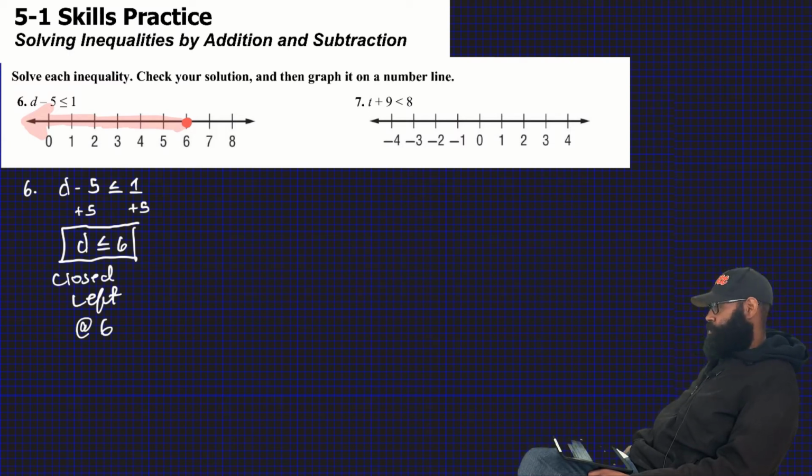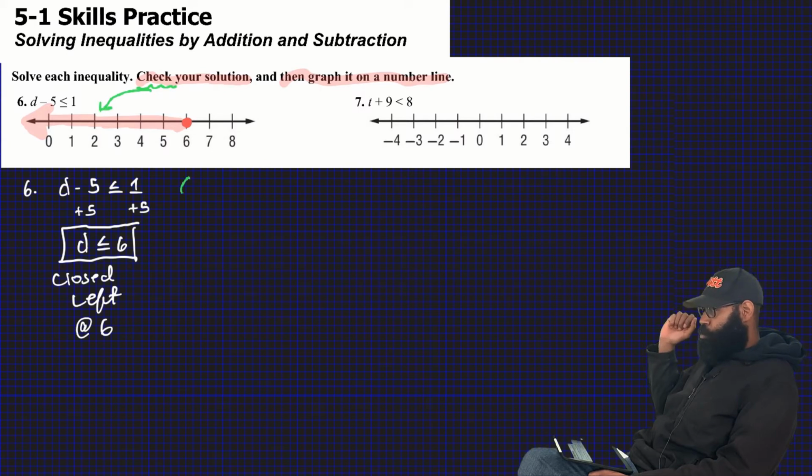Number 7. Well, it does say check your solution. Which means we are going to decide what value on that number line we're going to test. We're going to test the number 2, the value 2.